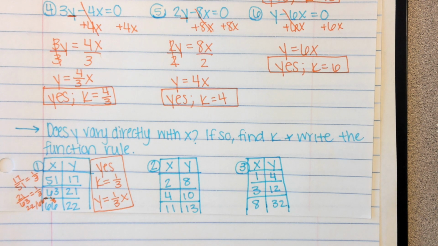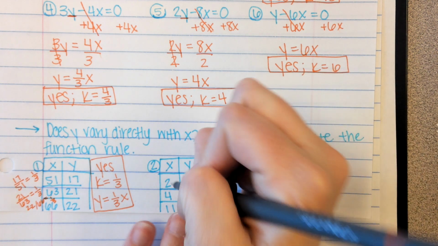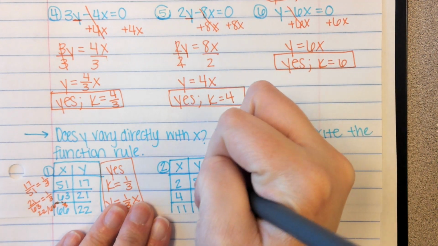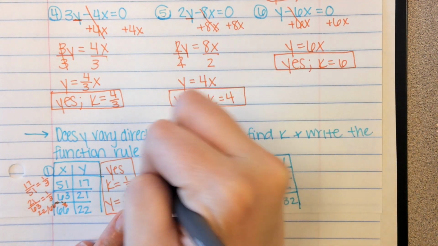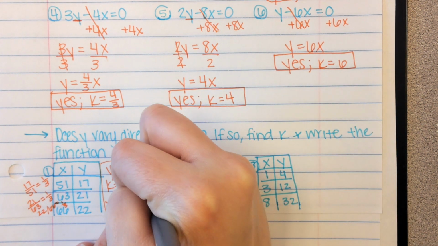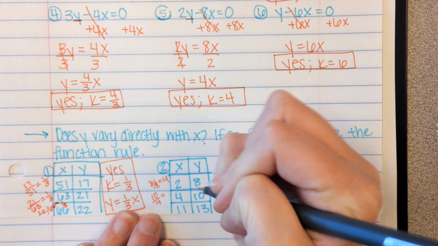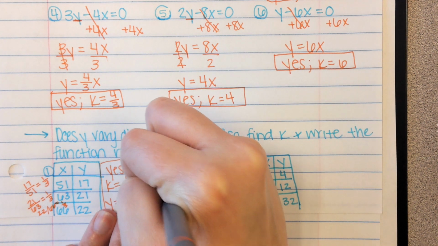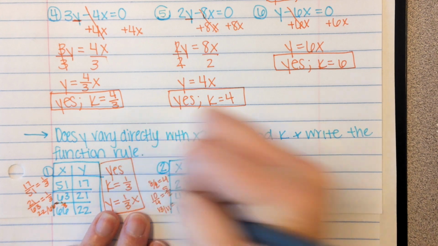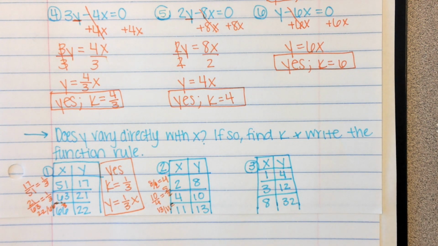All right, so now let's look at number 2. And we're going to do the same thing. So 8 divided by 2 is 4. 10 divided by 4, oh, that just gives us another fraction, 5/2. And then 13 over 11, that's a fraction that doesn't simplify.